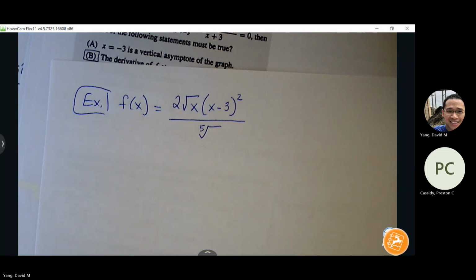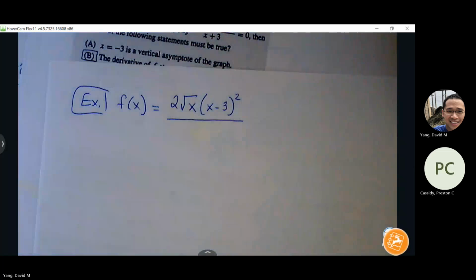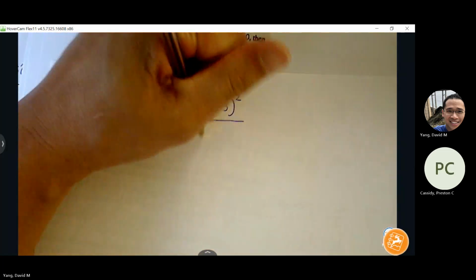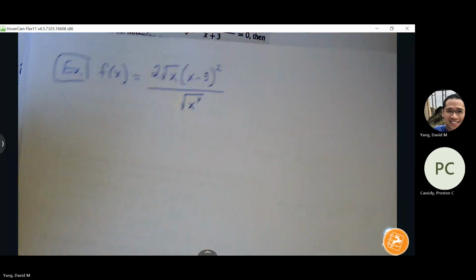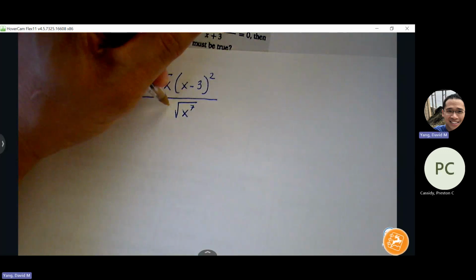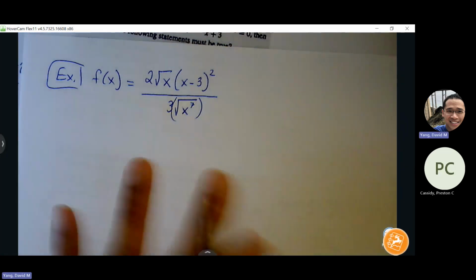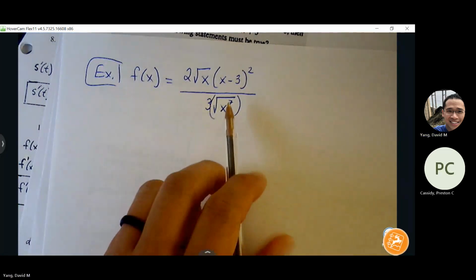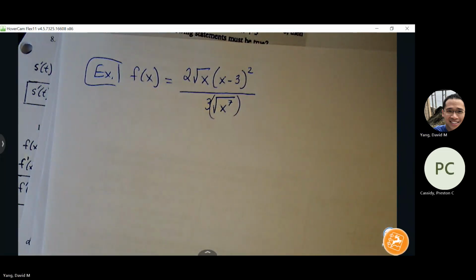Change the base to the power of 3 or something. It's 3 times the square root of x to the 7th.